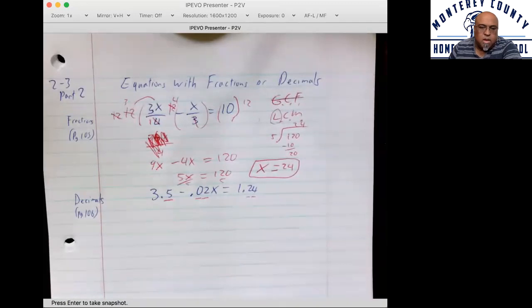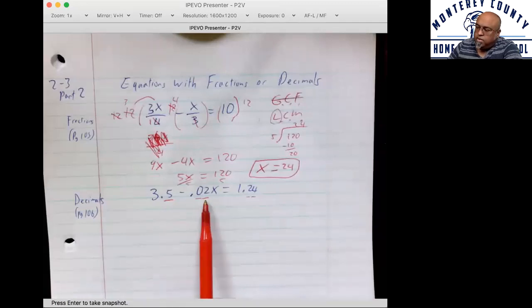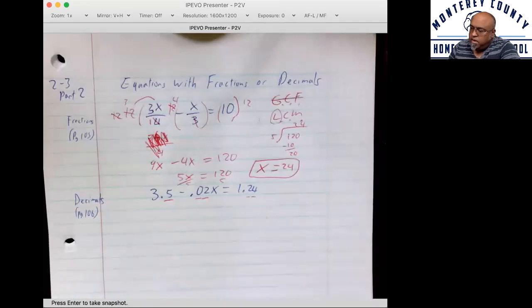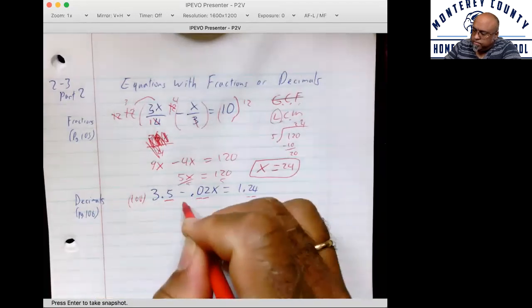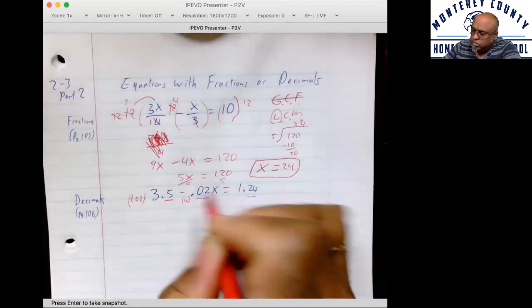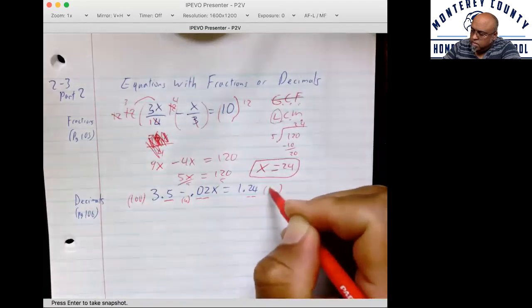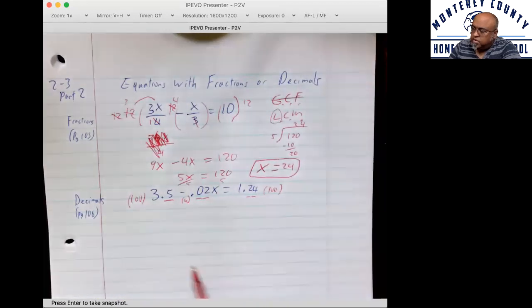With decimals, it's a similar process, but you have to go by place value because decimals are all about place value. So I have a tenth, a hundredth, and a hundredth. So what we want to do is multiply everything times 100, and that will eliminate all the decimals.